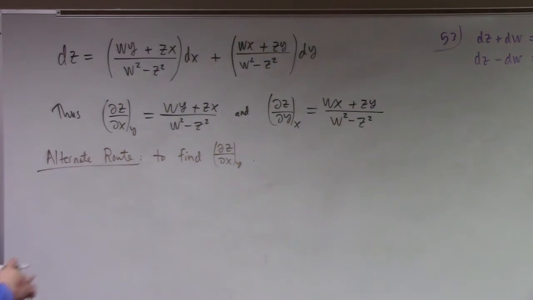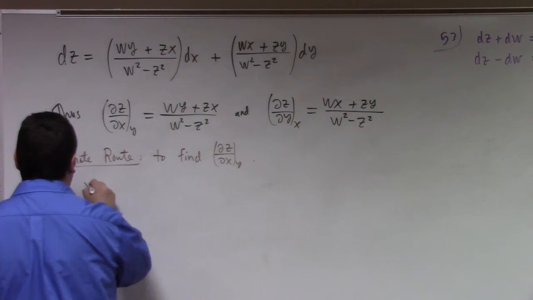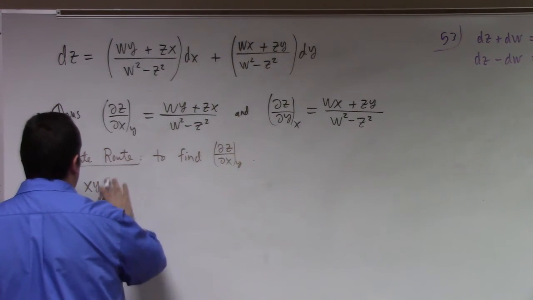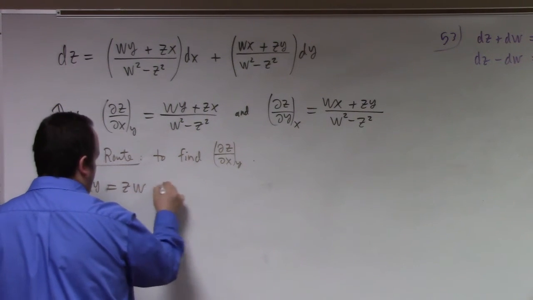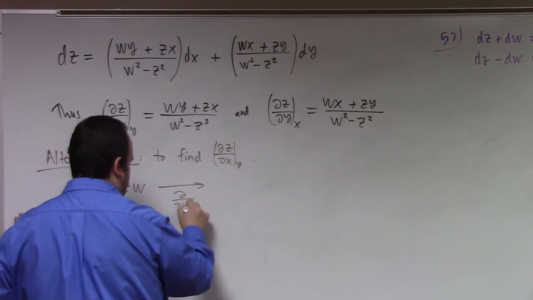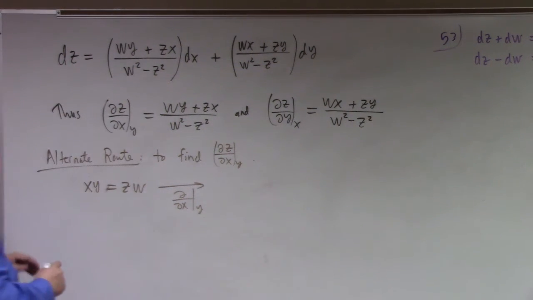Find that. So I just pick whichever equation. Let's pick xy equal to zw, right? Differentiate with respect to x, holding y fixed. What's that give me? Partial derivative of the left-hand side is just what?